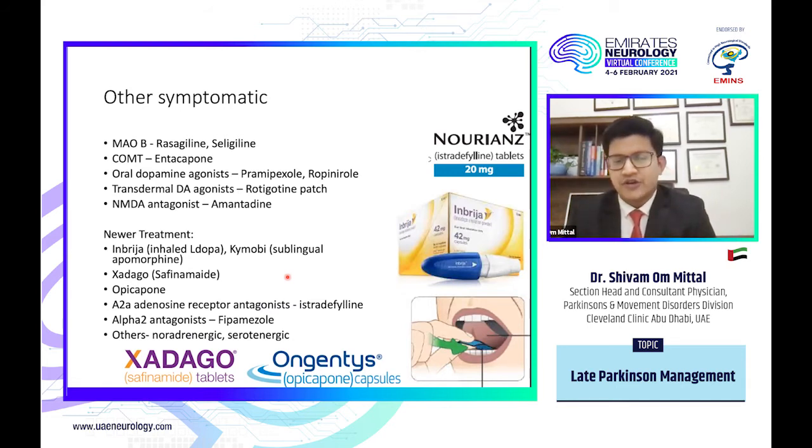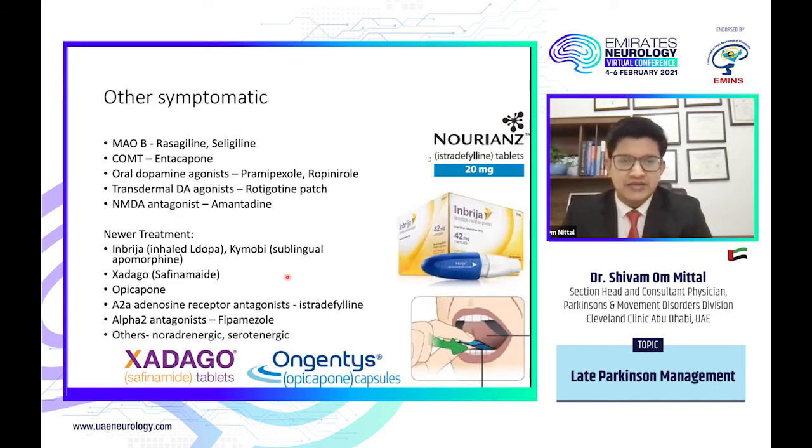And we have a longer acting COMT inhibitor, which is called opicapone or Ongentys. We have a newer MAO-B inhibitor with extra glutamatergic action, which is Xadago or safinamide. There's a sublingual apomorphine, which is coming into action soon. And there are many medications which are coming on the way.